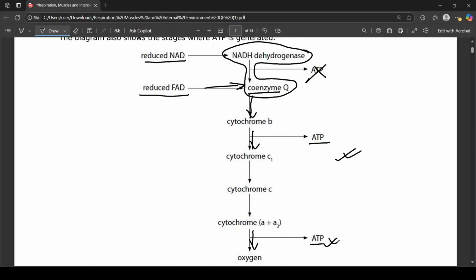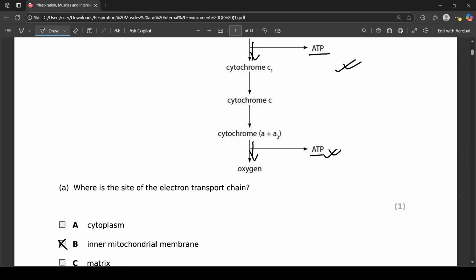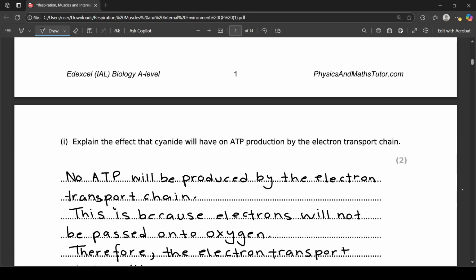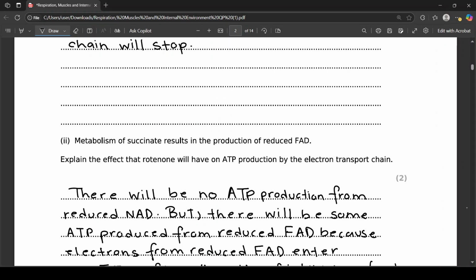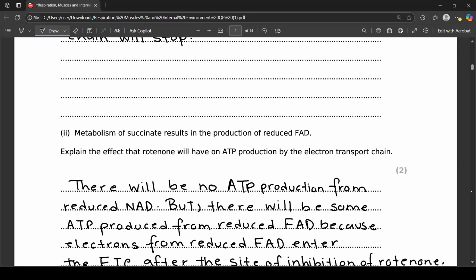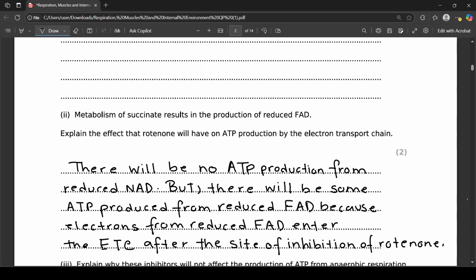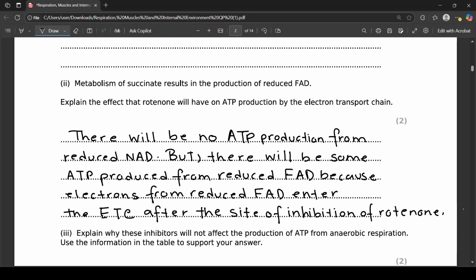So that's why we have said in our answer that there will be some ATP produced from reduced FAD because electrons from reduced FAD enter the ETC after the site of inhibition of rotenone. Alright?